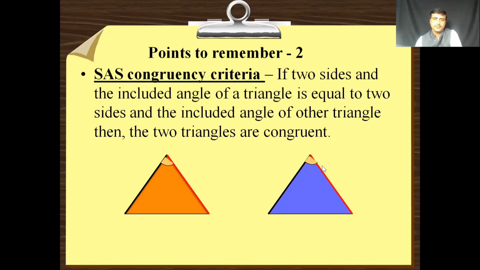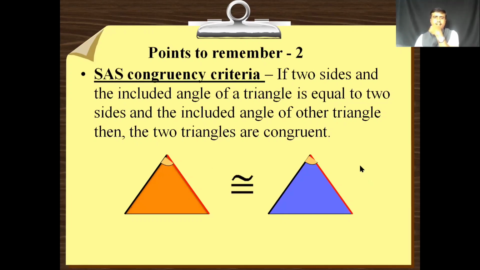Then only you can consider SAS. There are three different ways we can relate two sides and an angle in the triangle. Then you can say that these two triangles are congruent. Okay, so this is another thing I just wanted to recall.